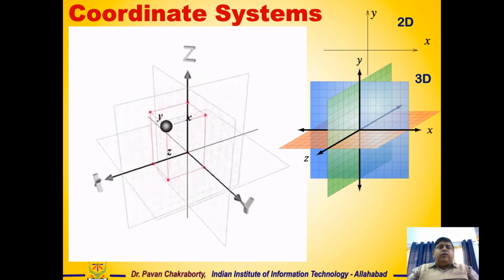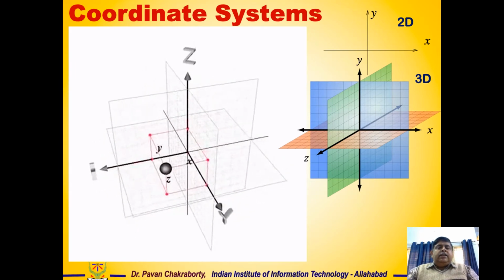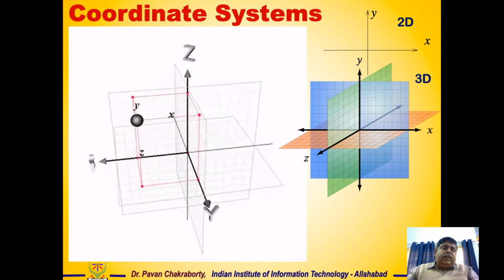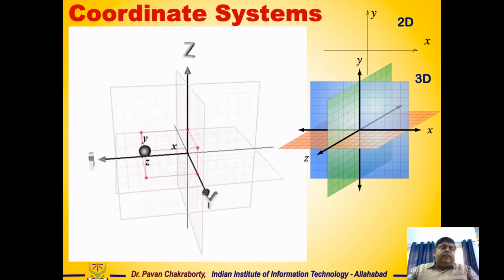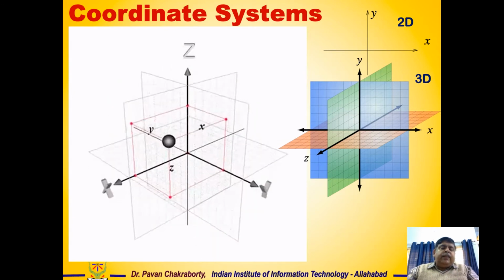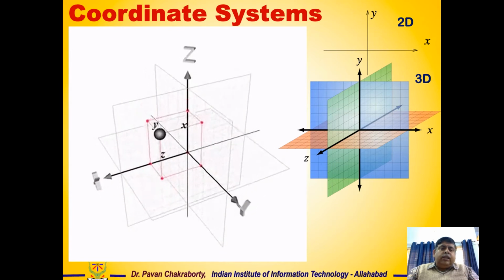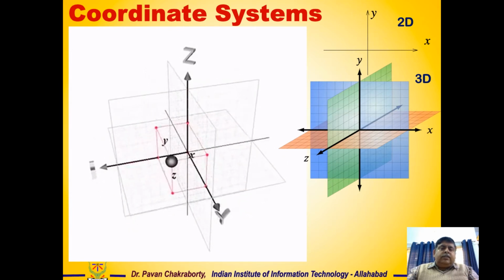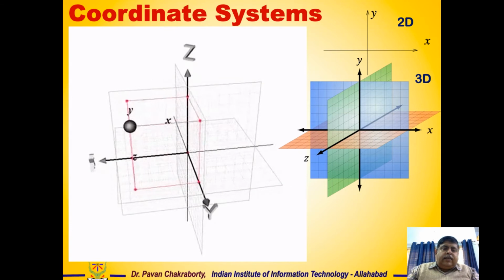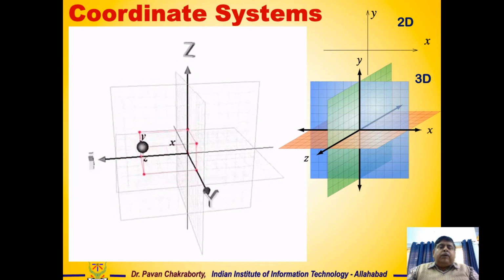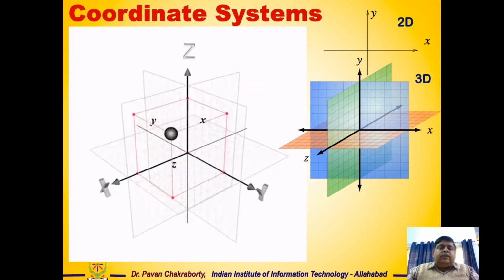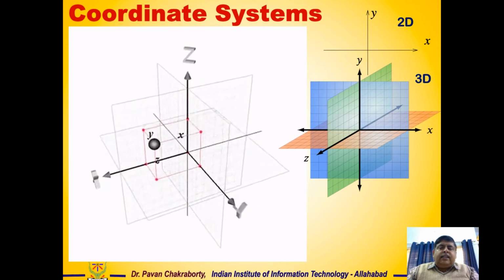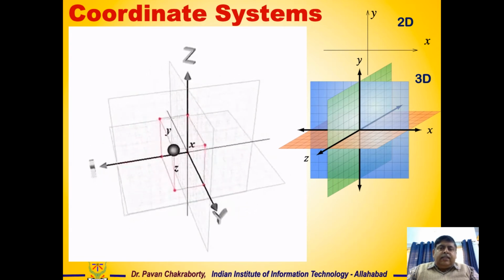Right. So here what you see is a point. Here it's shown as a sphere where some x, y, z is varying, and you can show it in a coordinate system in which the vectors x, y, z are perpendicular to each other. So this is called a Cartesian coordinate system in 3D.